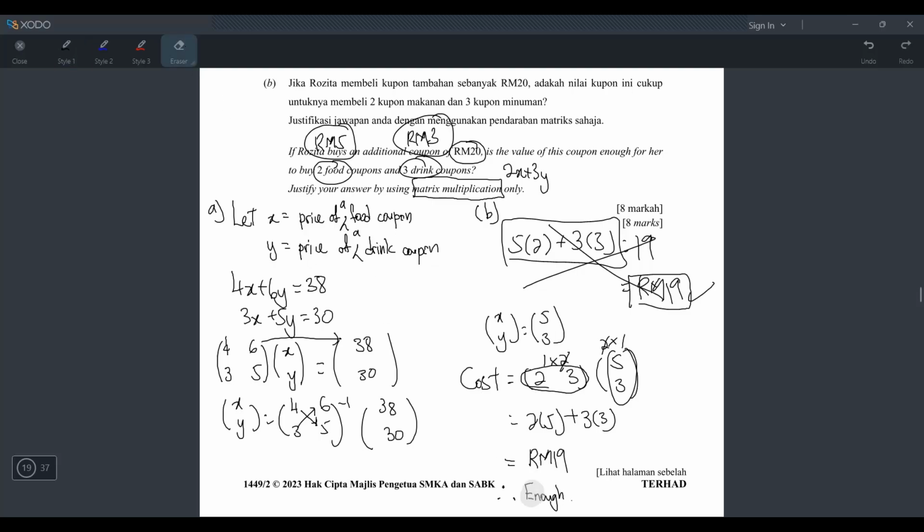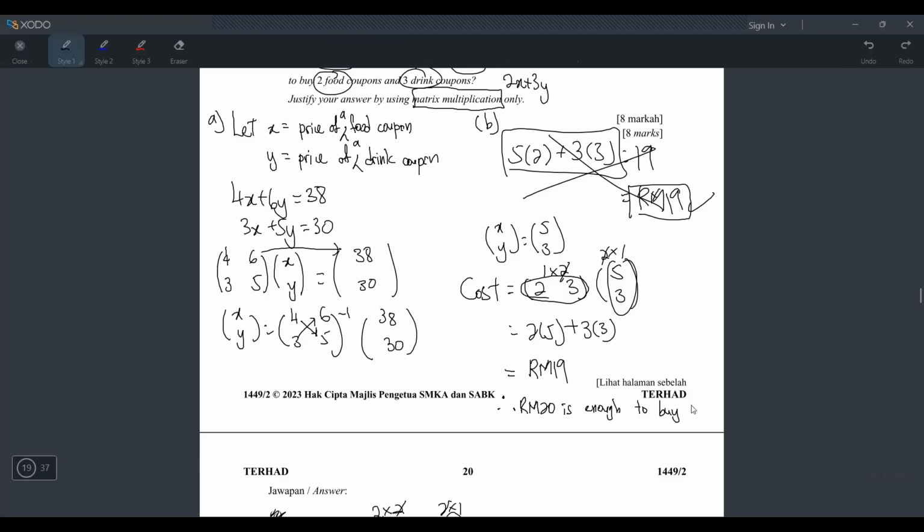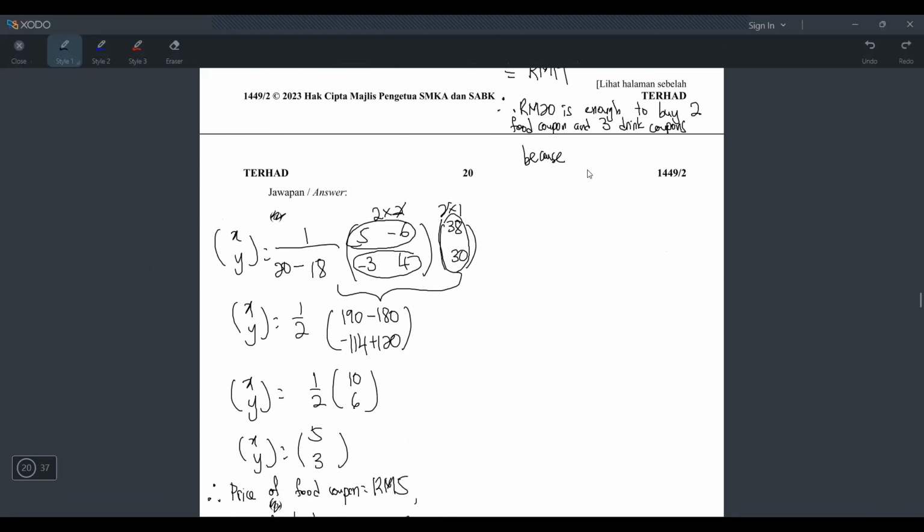Okay lah, let's write nicely. So we can say RM20 is enough to buy two food coupons and three drink coupons, because they only cost RM19.